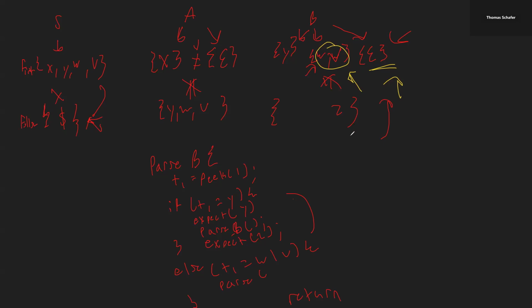But sometimes they will do something like the following, where they have a third case. I'm not the biggest fan of this, but they do it a lot in the notes. Else if T1 equals Z, return, else syntax error.